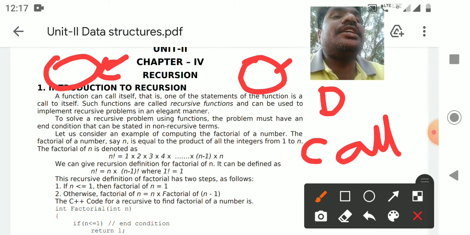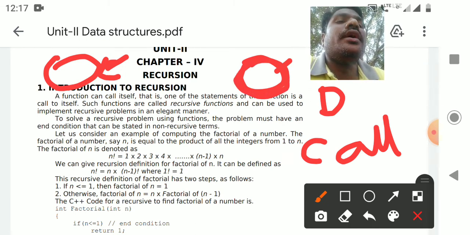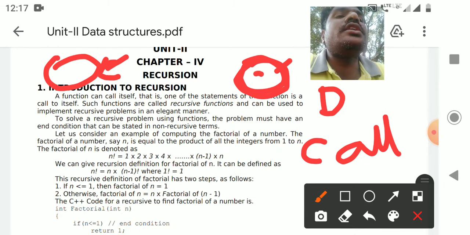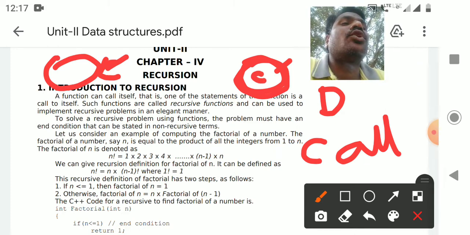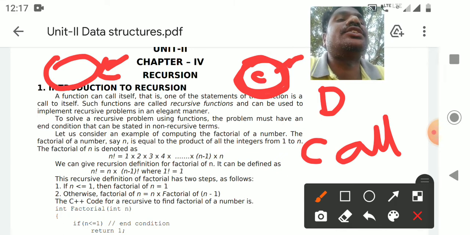But if this function definition also contains a calling statement that calls the same function, that is called a recursive function. That means a recursive function is a function that can call itself. This function definition is recursive if in this function definition there is one calling statement that calls itself.